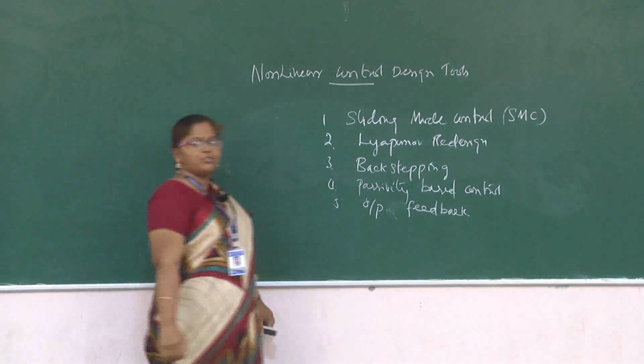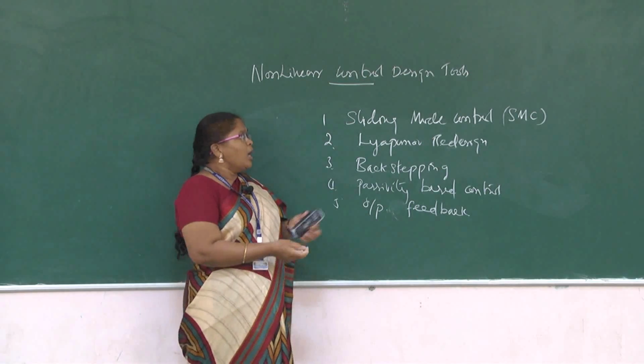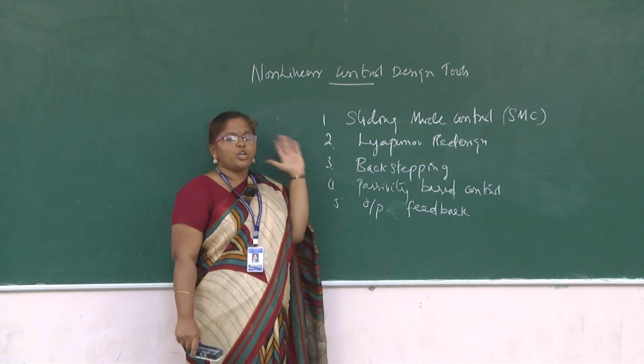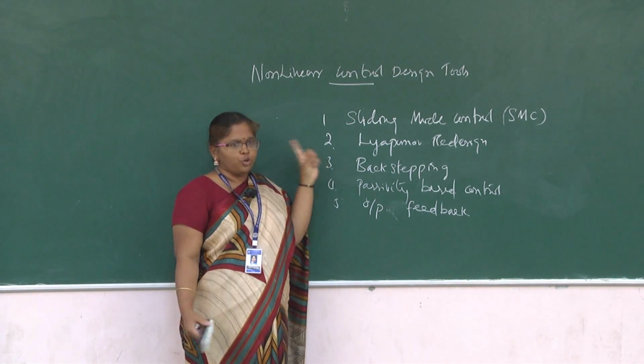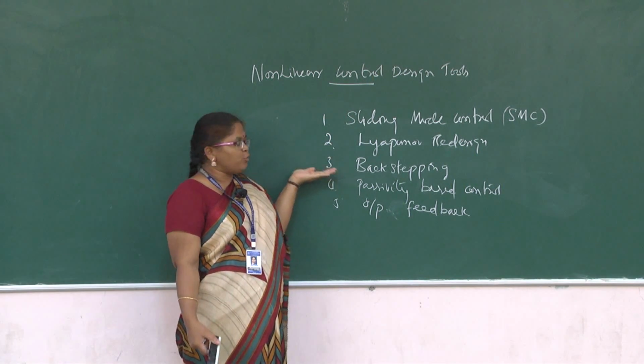So these are the 5 different non-linear controller tools which are available. Since we cannot apply one tool for all sorts of non-linear system, that's the reason we have these kinds of control systems.